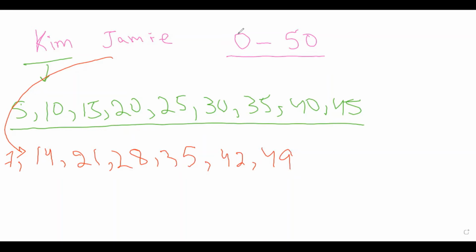They have said even numbers only, so we have to select even numbers from these. 14 is an even number, 28 is an even number, and 42 is an even number.